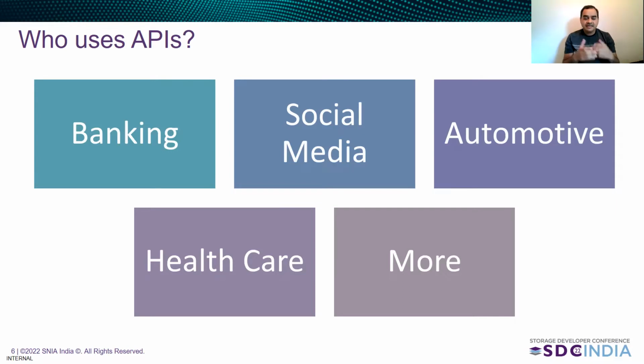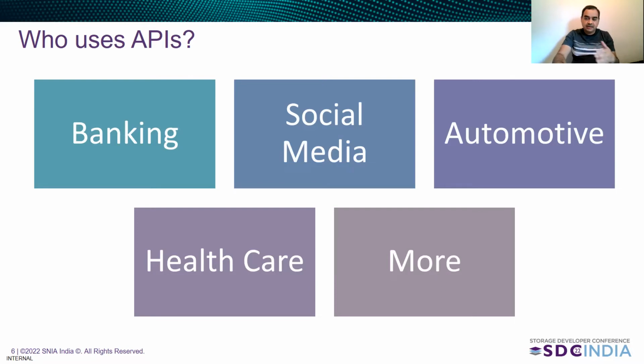I wanted to set the stage that APIs are used across various sectors of the industry: banking, automotive, healthcare, social media, and other places. That's why it has become even more important to understand the security threats to these APIs and how we can secure our APIs much better, right?